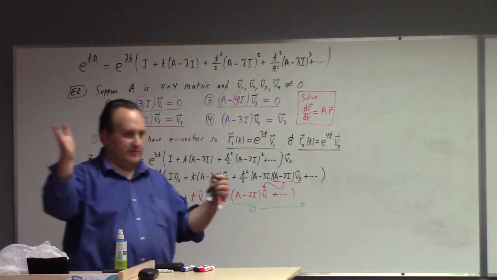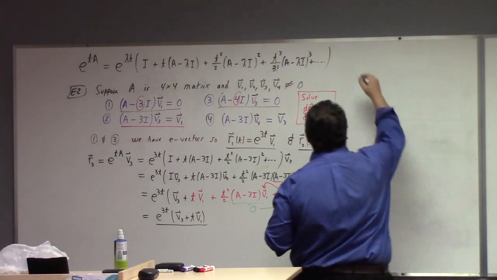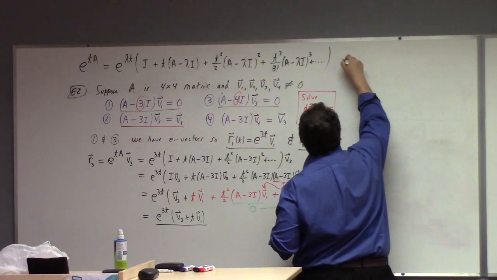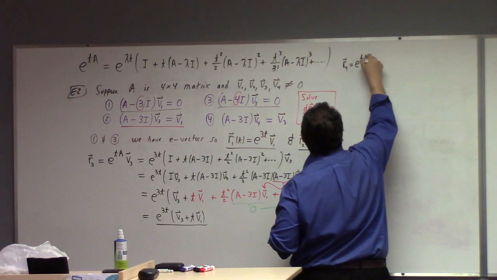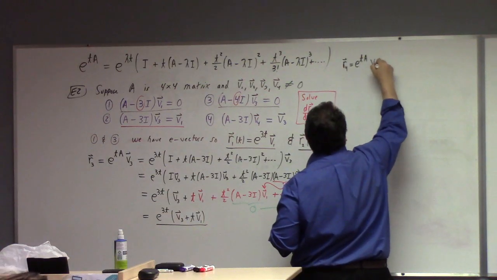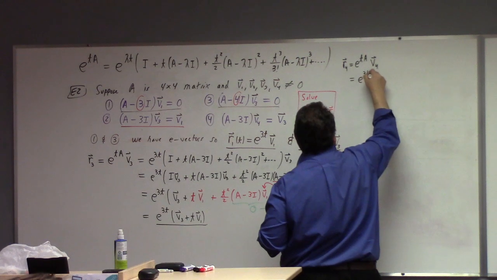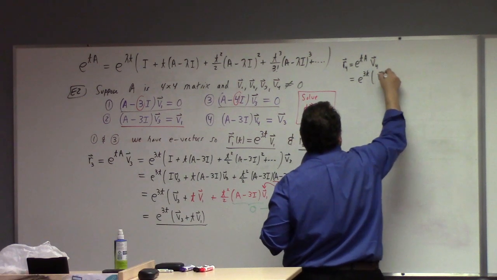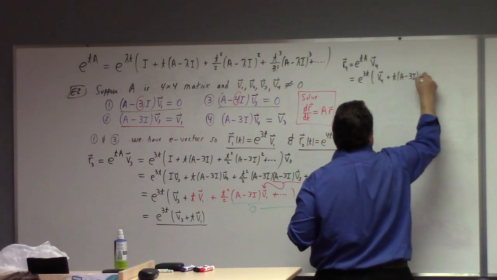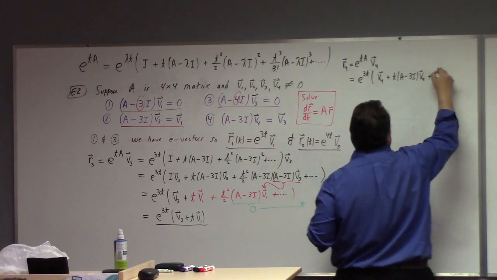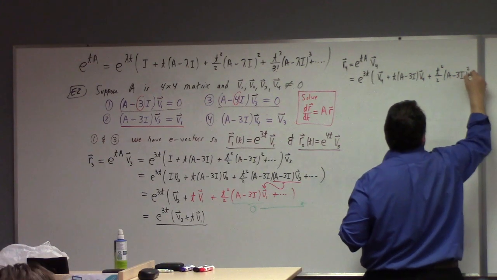All right. One more to go. R4, right? Which is going to be e to the tA times v4. I'm going to skip a step if you guys don't mind. This is e to the 3t times v4 plus t times A minus 3I v4 plus t squared over 2 times A minus 3I squared times v4.